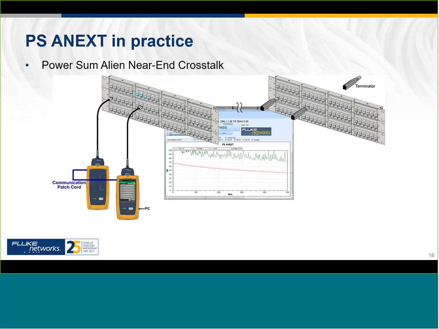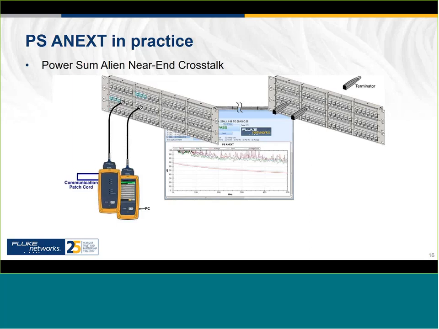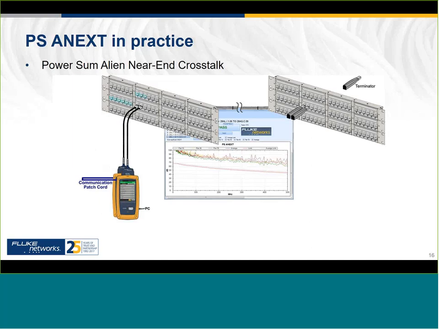Move on. So we've now got a little bit of noise starting to creep in. So we are seeing a little bit of alien crosstalk, but it's well above the limit. Now we're in the bundle. So this is the first cable of the bundle. Second cable of the bundle. Third, fourth, fifth, sixth.